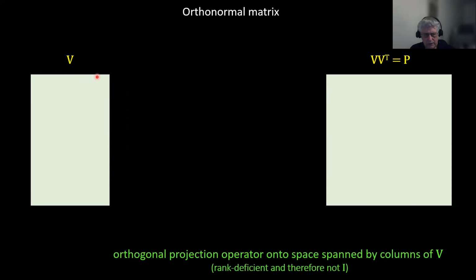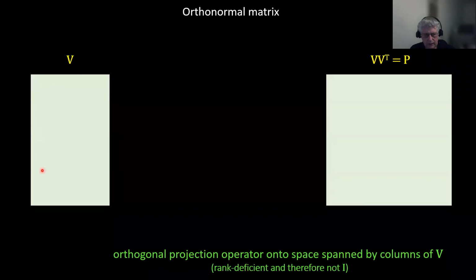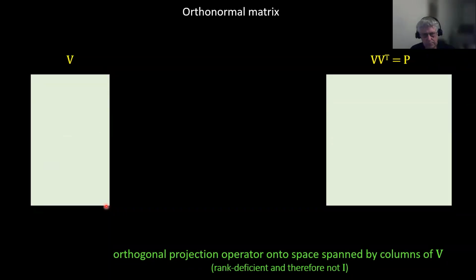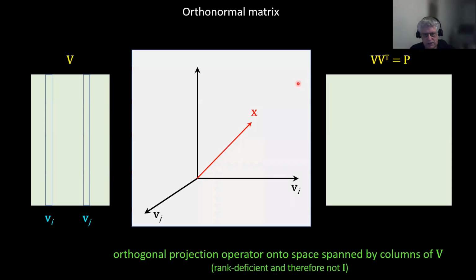So here's our matrix V, and it's got a number of columns, each of which are normal to each other. These span a subspace of vector space. This V V transpose matrix is a projection operator that we can apply to any vector.